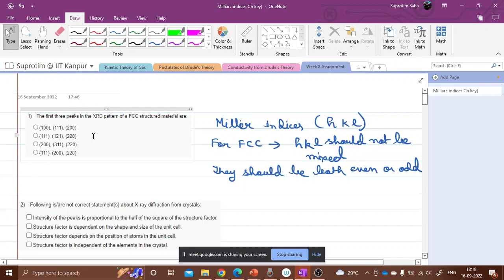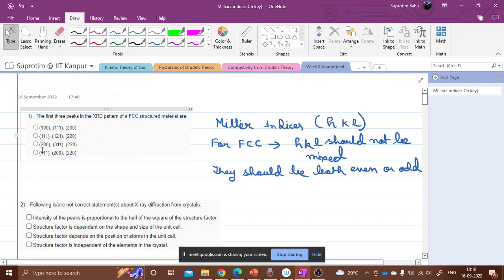So 121 also does not suffice, 220 will suffice, 200 will suffice, but 311 would also not suffice, right? So 220 will also suffice, but in combination they have to satisfy all the three.